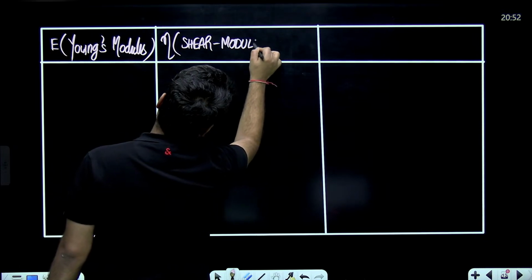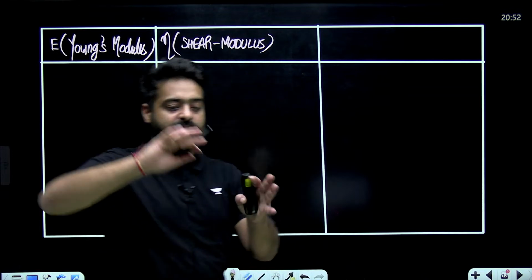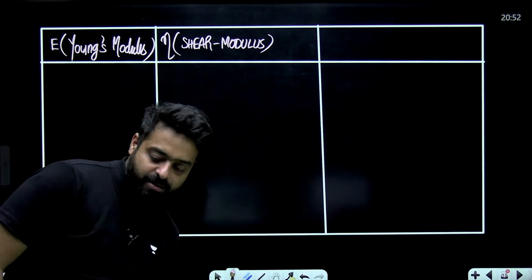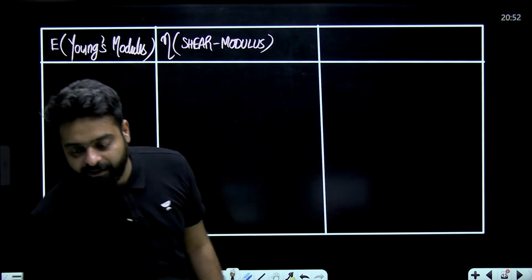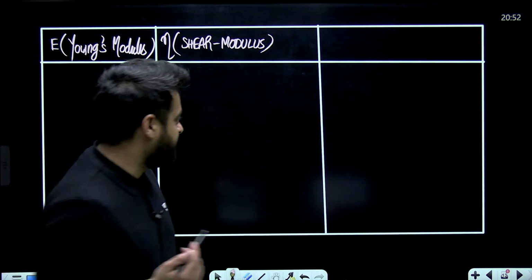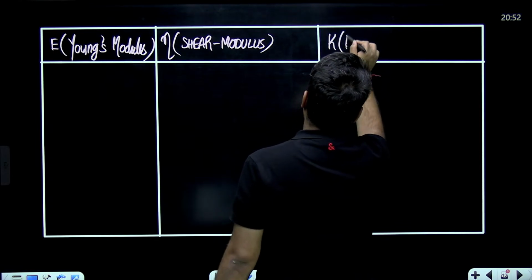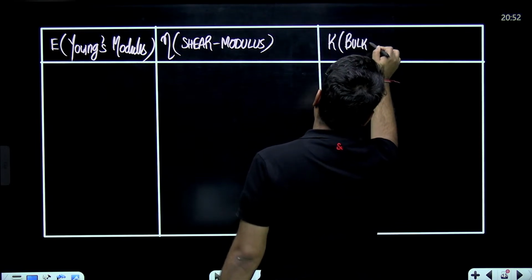There is a relationship between them, but it is in the strength of materials part, like solid mechanics, which is higher end, which I'll clear later. And the third one is K, which is called bulk modulus.